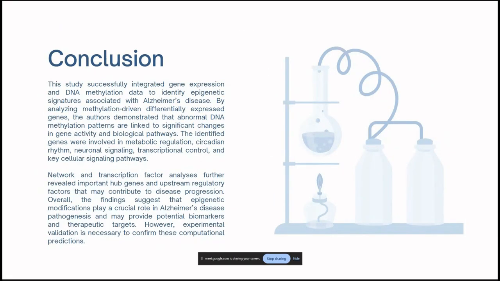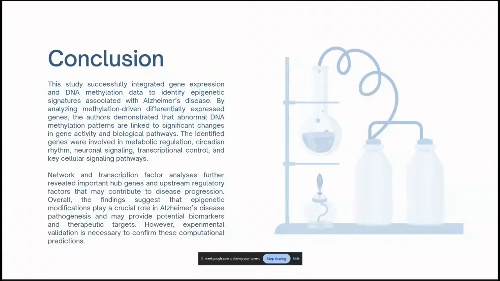To summarize this study, as conclusion, it integrates gene expression and methylation data to uncover epigenetic signatures linked to Alzheimer's disease. It also identifies 28 methylated differentially expressed genes as it connects these genes to biological pathways and regulatory networks involved in Alzheimer's disease.